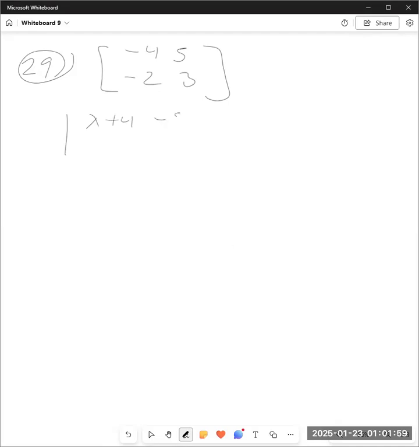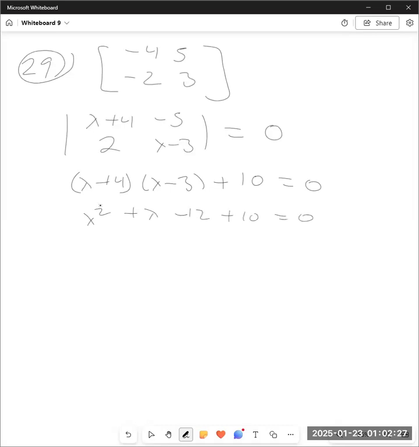Lambda plus 4, -5, 2, lambda minus 3. Determinant of that equals 0. Lambda plus 4 times lambda minus 3 minus a -10 is plus 10 equals 0. So this is lambda squared, -3 plus 4 is plus 1 lambda, minus 12 plus 10 equals 0.